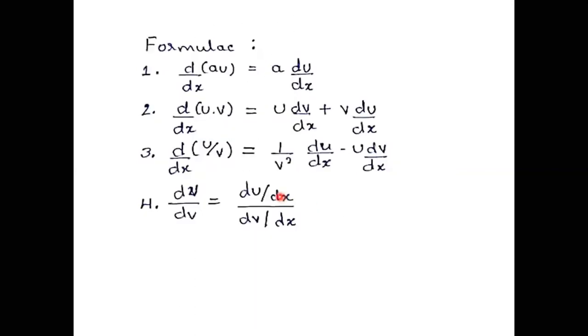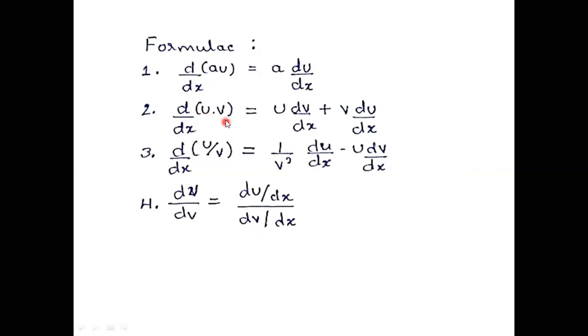So let's see. Differentiation, that is d by dx. Here x is the variable. The value u depends upon the variable x. Differentiation of a times u will be equal to a times du upon dx. The term a is constant. If the term is constant, then take that term outside, times the differentiation of u with respect to x. Okay.